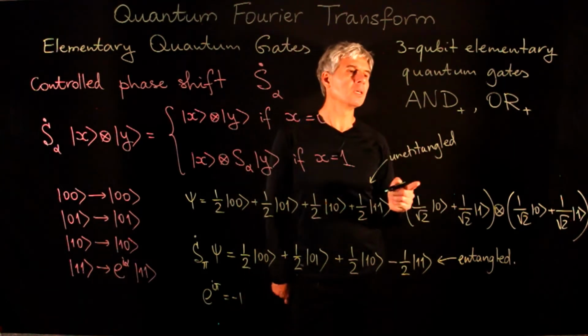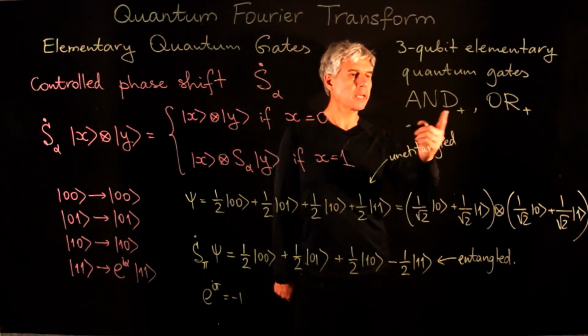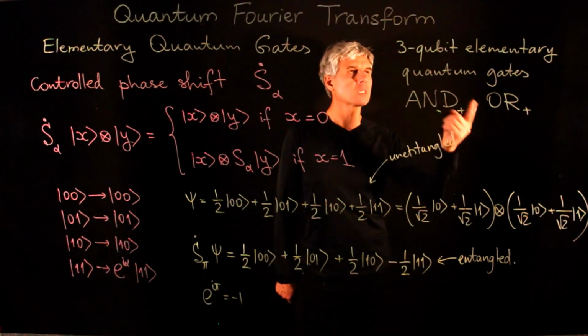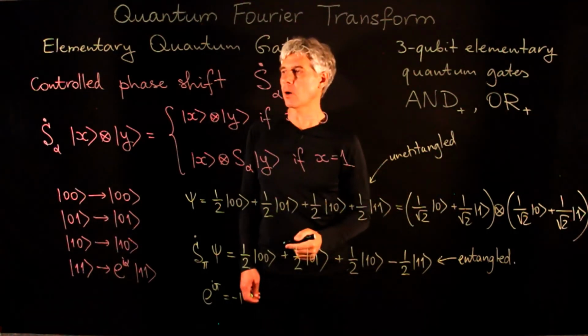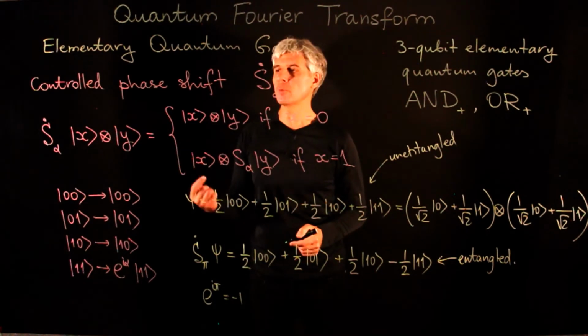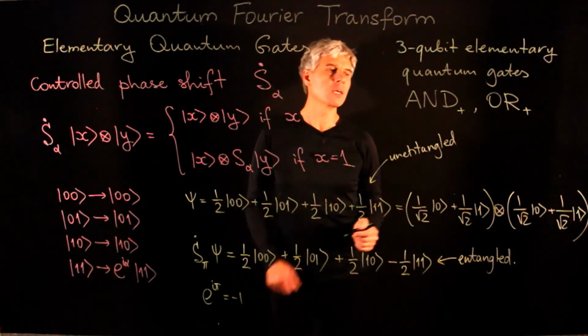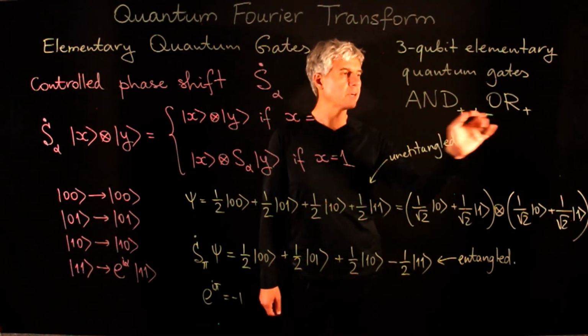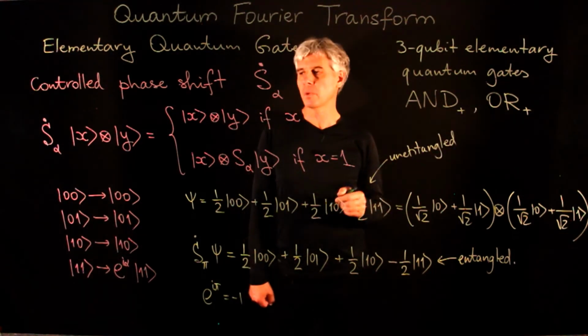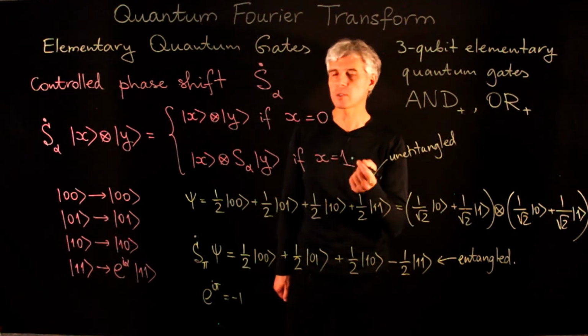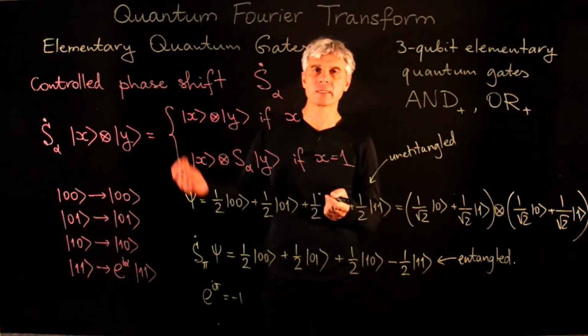In principle, one can express AND plus and OR plus, these elementary 3-qubit quantum gates, as compositions of 1 and 2-qubit elementary quantum gates. But still, it's convenient to have these nice gates at our disposal. And we leave the fact of possibility of such a decomposition as an exercise.